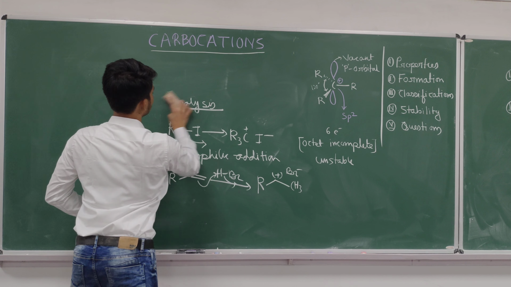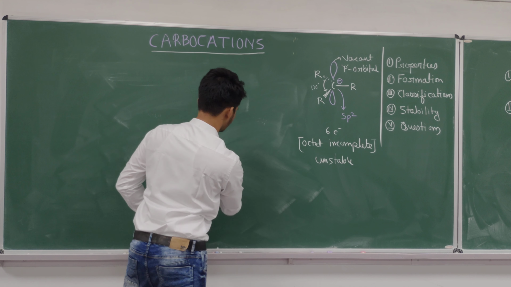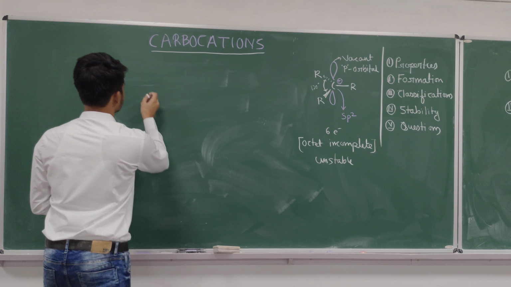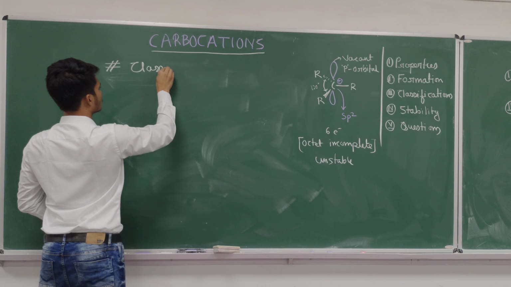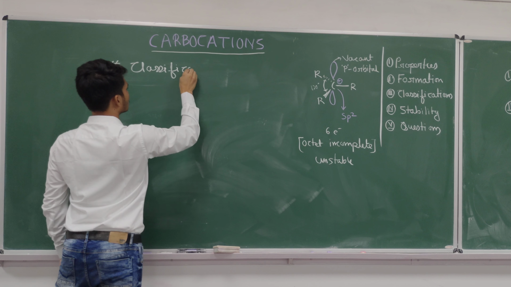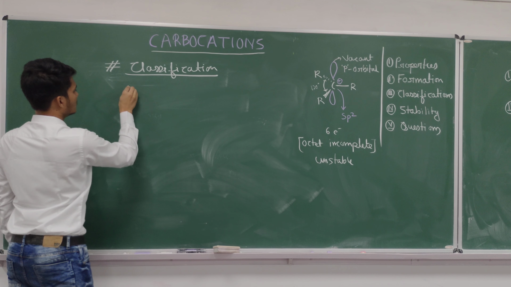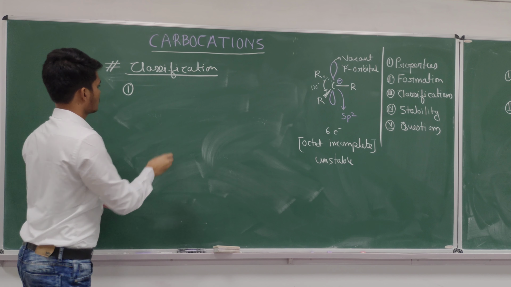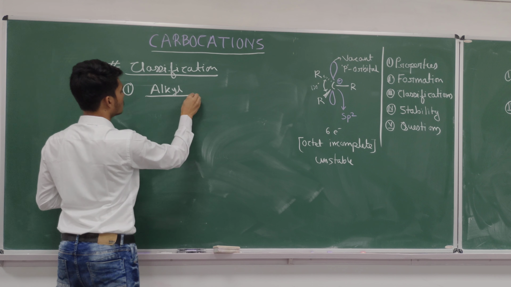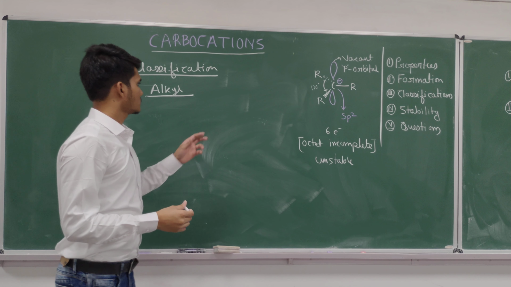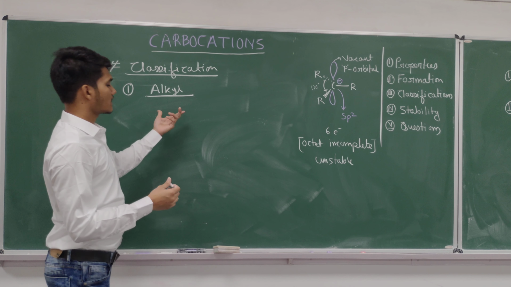Now we will see the classification of carbocations. The first one is alkyl carbocation. Basically when a carbon atom is attached to a normal alkyl group, it is an alkyl carbocation.